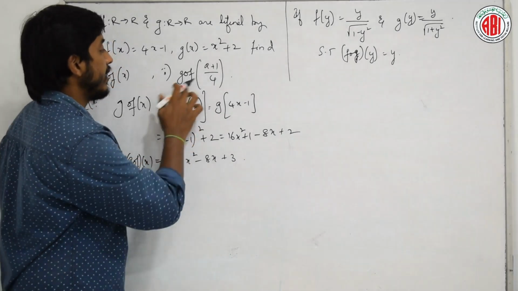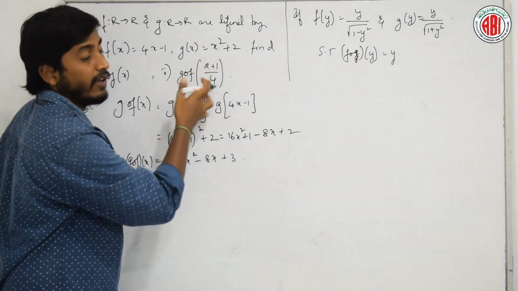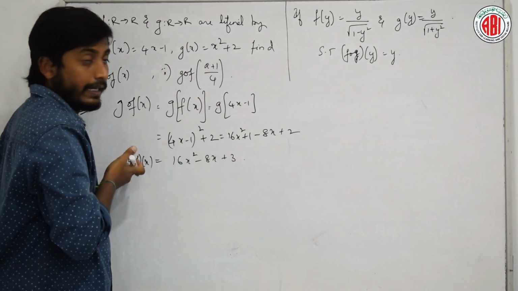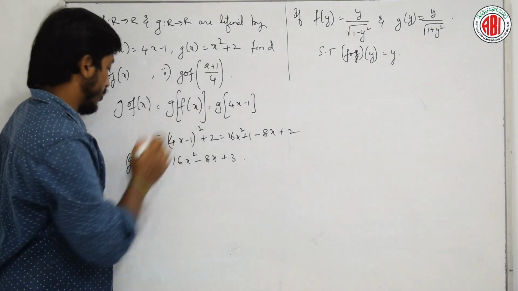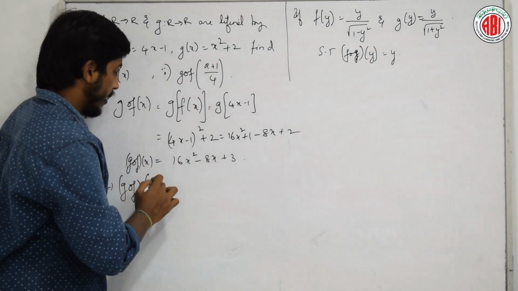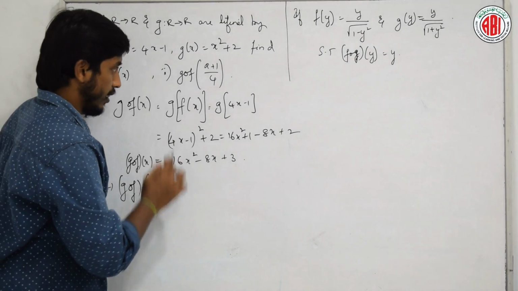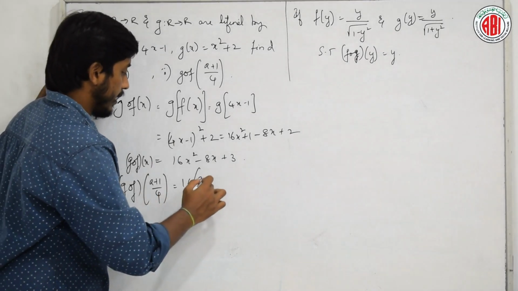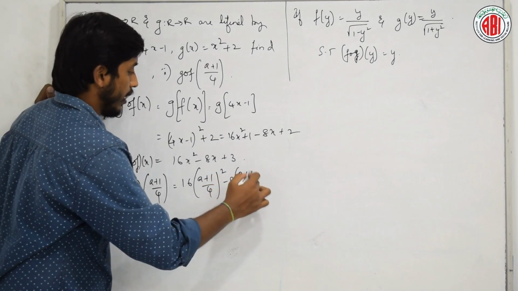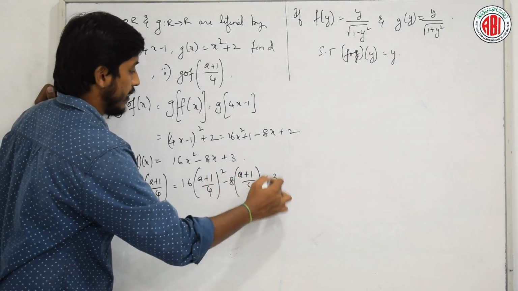Clear? Similarly, he is asking us to find g circle f of a plus 1 by 4. Already I have g circle f of x. Instead of x, let me substitute this. That is g circle f of a plus 1 by 4 is equal to 16 times a plus 1 by 4 whole square minus 8 into a plus 1 by 4 plus 3.